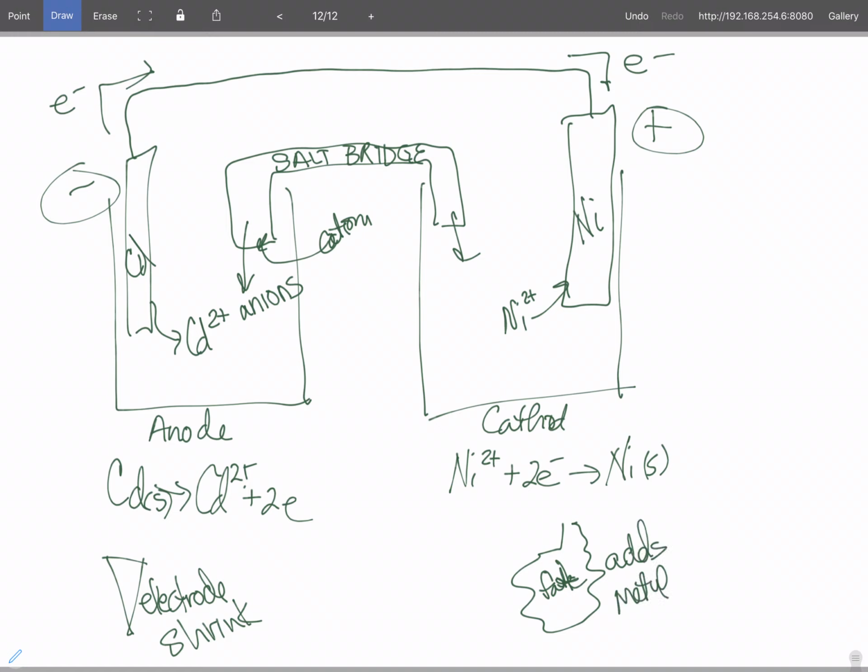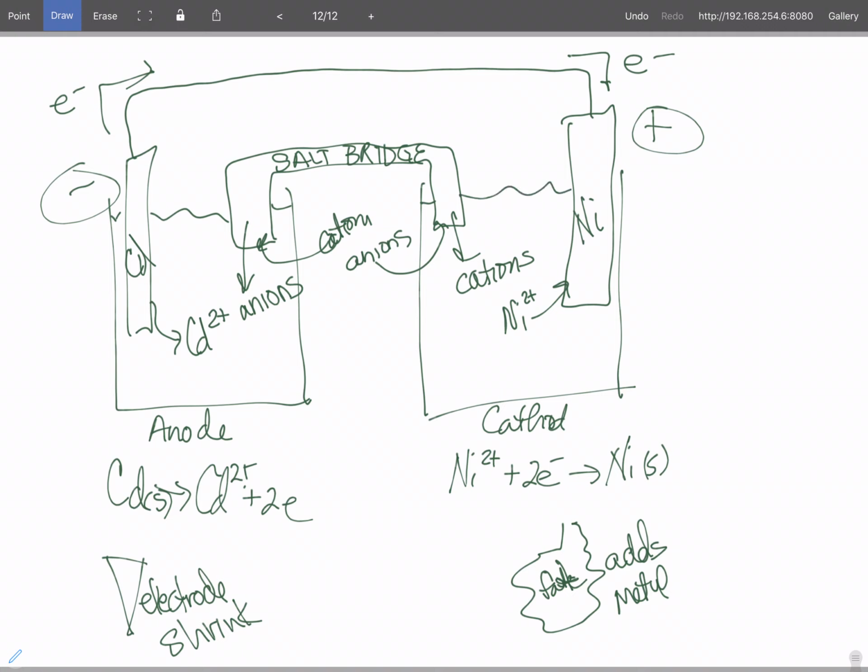And that would be how we played out. Okay, just to make it pretty. Oh, I didn't finish. As the nickel goes out, we've got to replace the cations that we lost so that our charge stays neutral. Anions will be going in here as it goes.